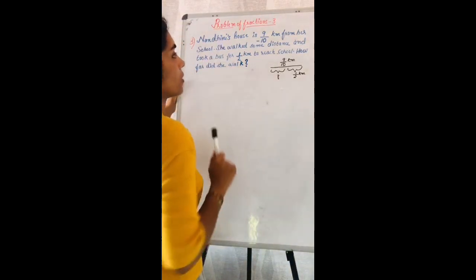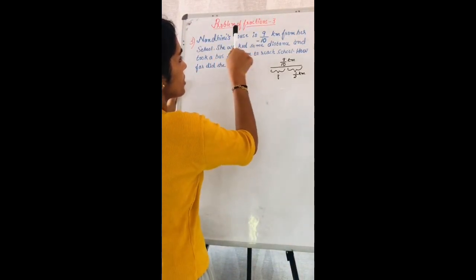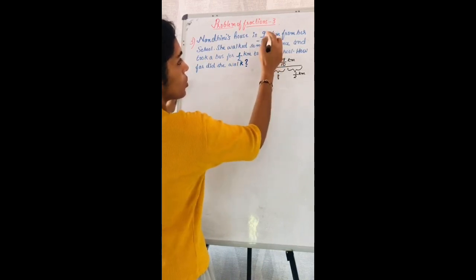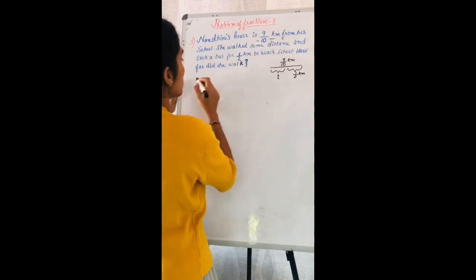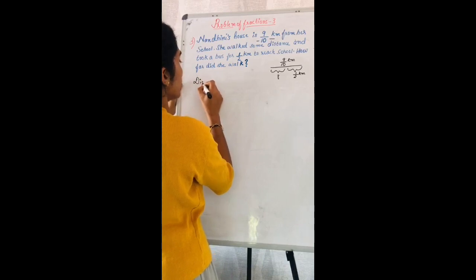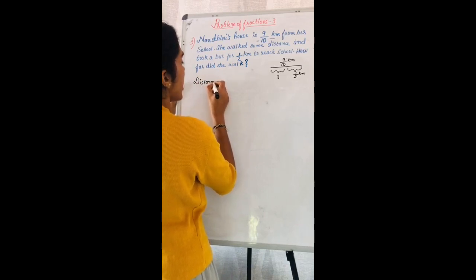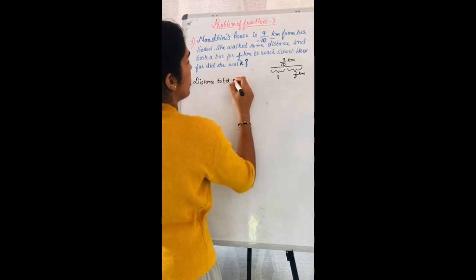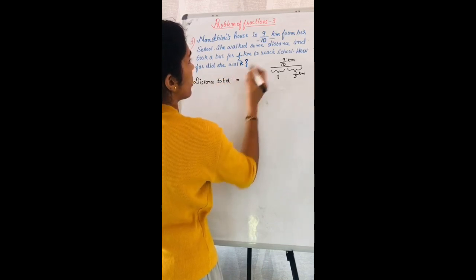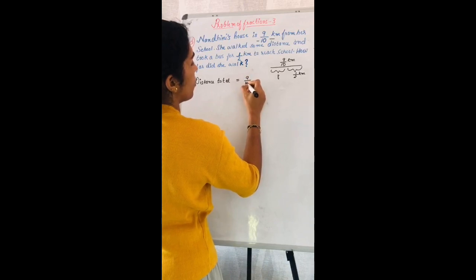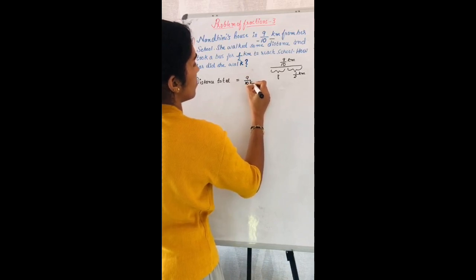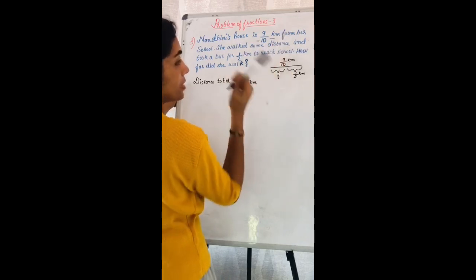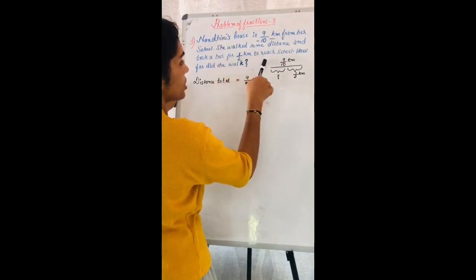So now let's quote our sentence. First sentence is Nandini's house is 9 by 10 kilometer. So when you get the unit kilometer, what do you have to do? You have to start with distance. Distance total: 9 by 10 kilometer. Next, she walked some distance. That is not mentioned, right? What is mentioned next?